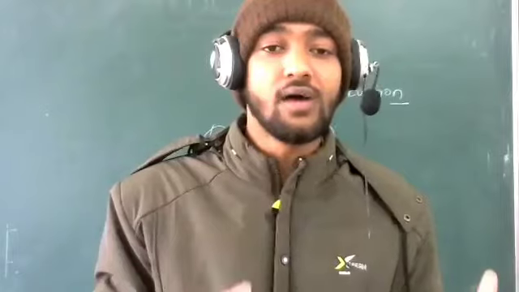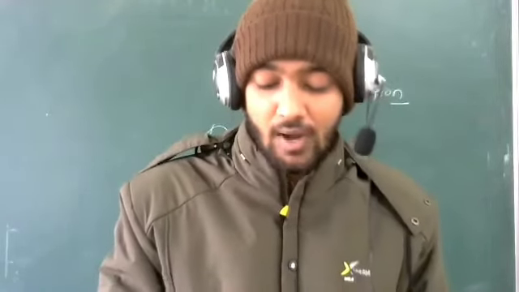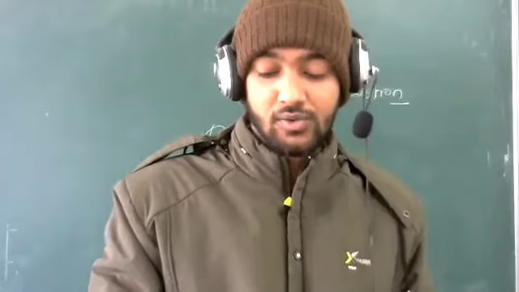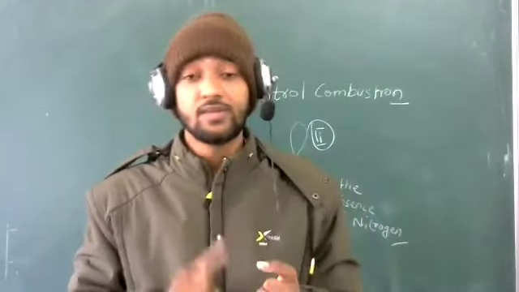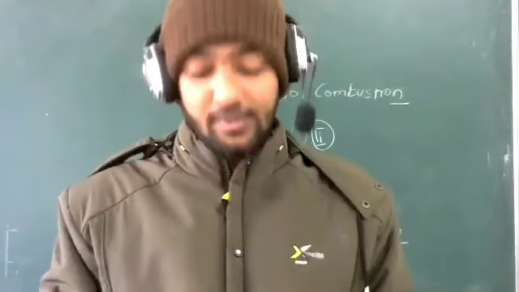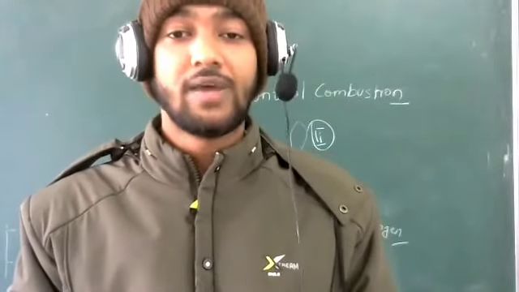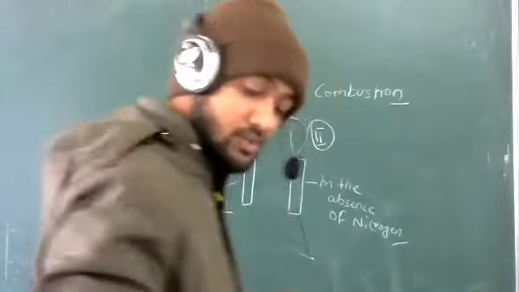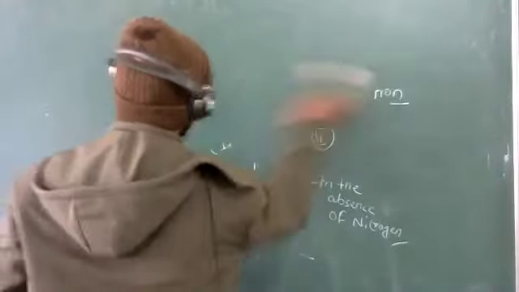He prepared ammonia with the help of nitrogen and hydrogen, and named the process after himself. So nitrogen is used in manufacture of ammonia by the Haber process. Remember, which process? Haber process.